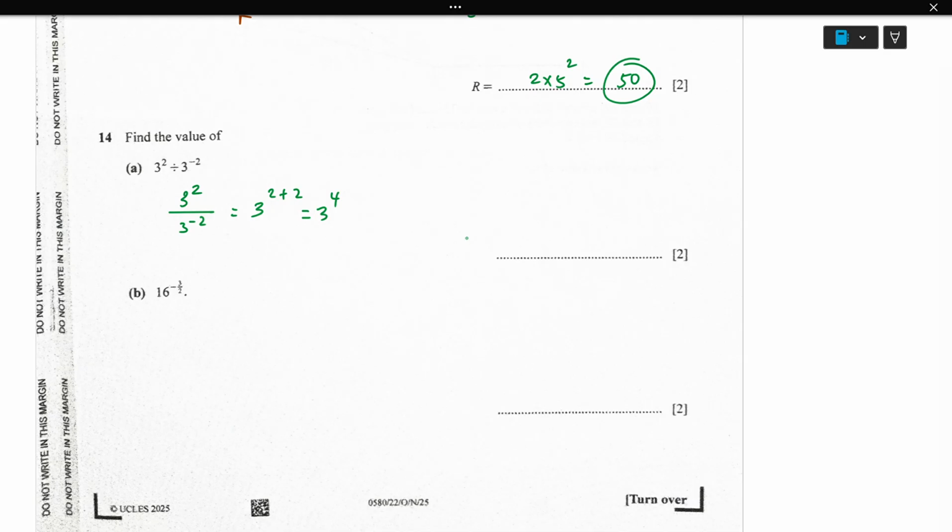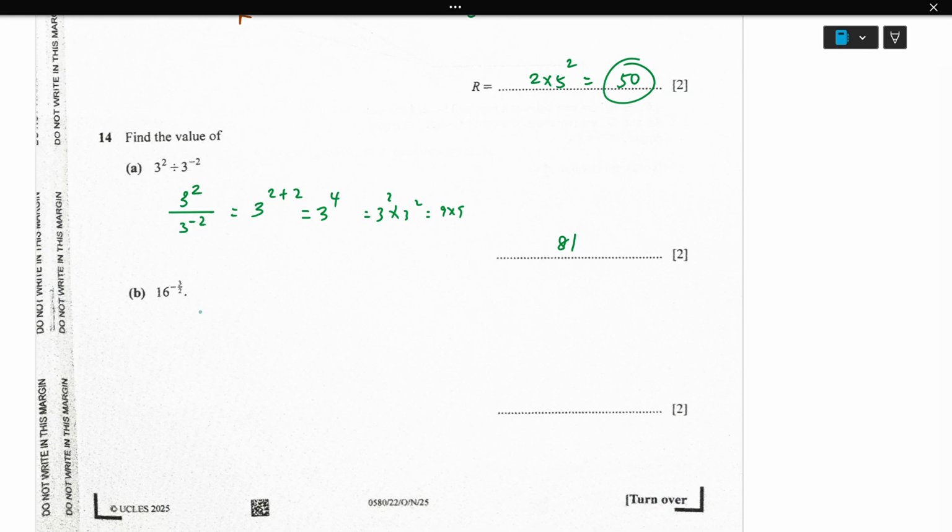So the answer is going to be 81, which is 3 square times 3 square, 9 times 9, 81.